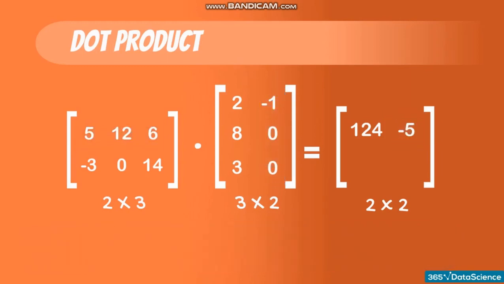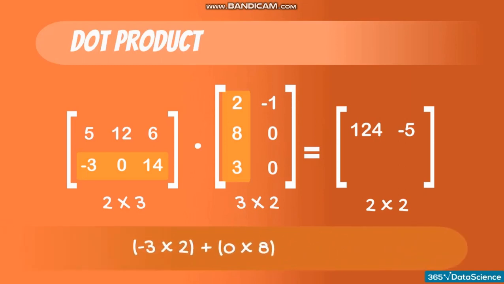Let's get to the second row of the initial matrix. There we have minus 3, 0, 14. We repeat the same procedure. The dot product of the vector minus 3, 0, 14 and 2, 8, 3 equals minus 3 times 2 plus 0 times 8 plus 14 times 3. We get 36. This is the first value on the second row of the output matrix.